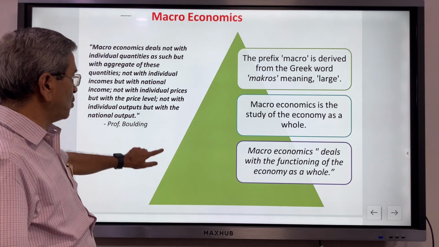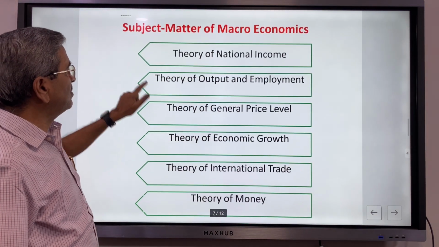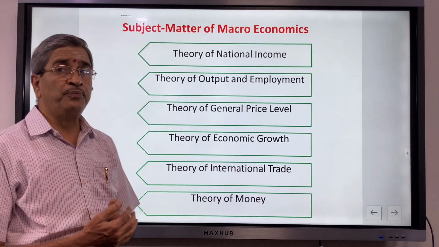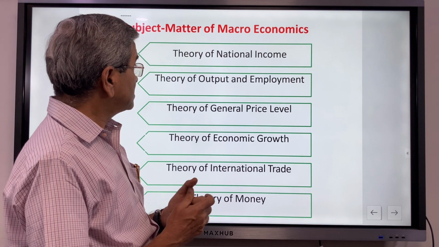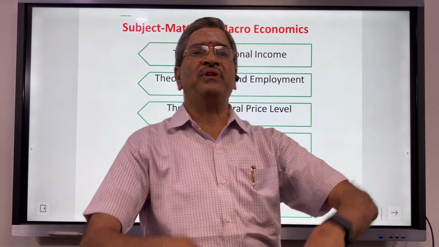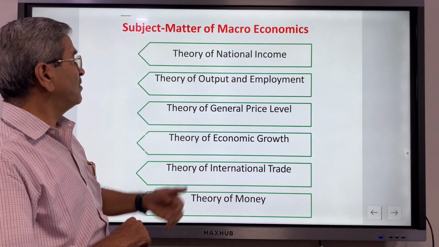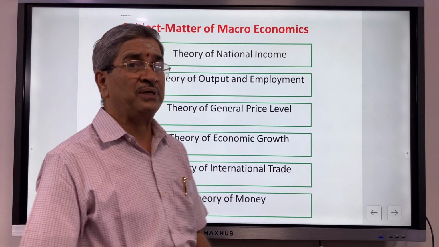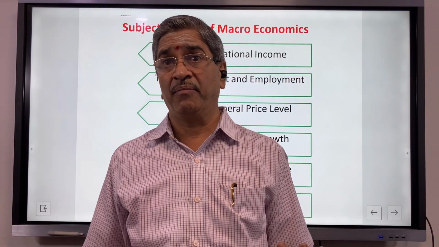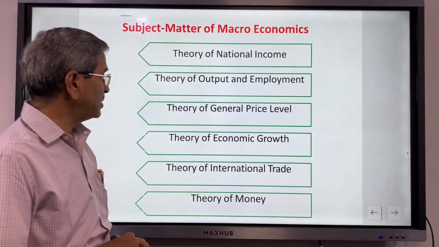So this is macroeconomics. When it comes to the subject matter of macroeconomics: theory of national income, theory of output and employment. National income means the total income of the nation, which we will discuss as a separate topic. Theory of output and employment: how much output you are producing and what employment you are generating, because unless you generate employment, you cannot think about it.